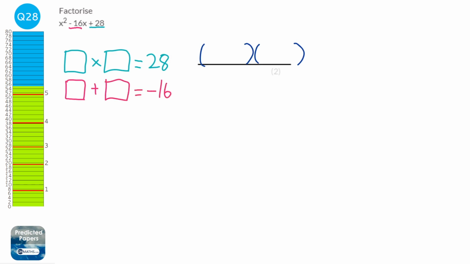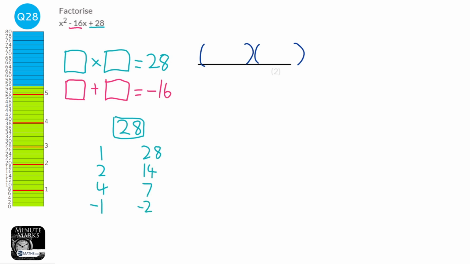So something you can do is just quickly write down the factors of 28, and so that's going to be 1 and 28, 2 and 14, 4 and 7. Now, they can actually both be negative as well. So minus 1 and minus 28 still multiplied together make 28. Minus 2 and minus 14.